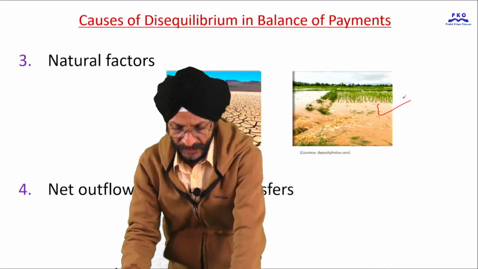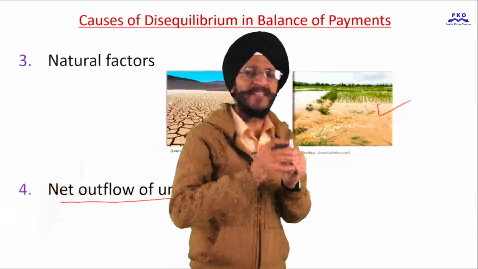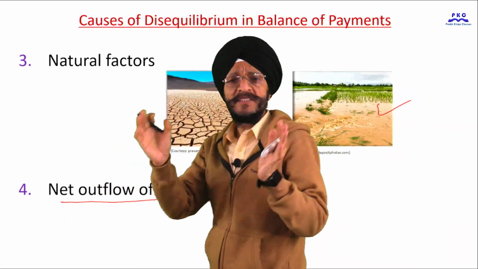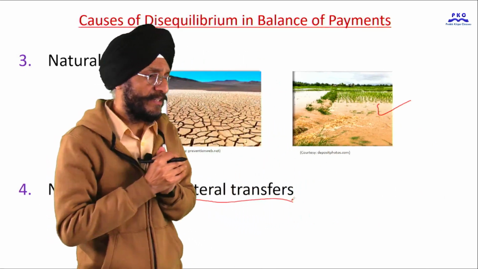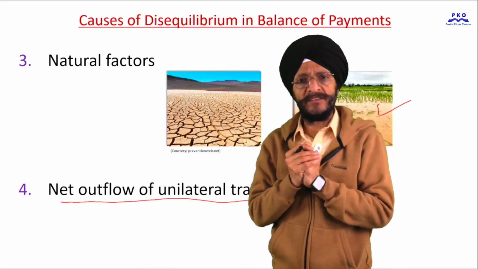Then other point is net outflow of unilateral transfers. We have already discussed that unilateral transfers are one-sided transfers. One-sided transfers means for which we do not get anything in return.